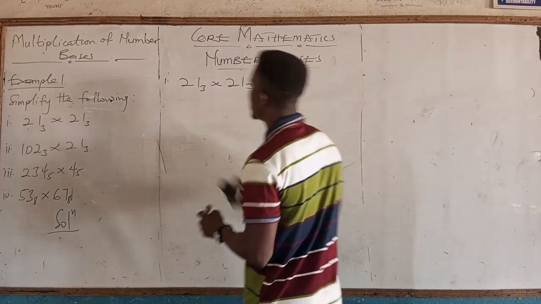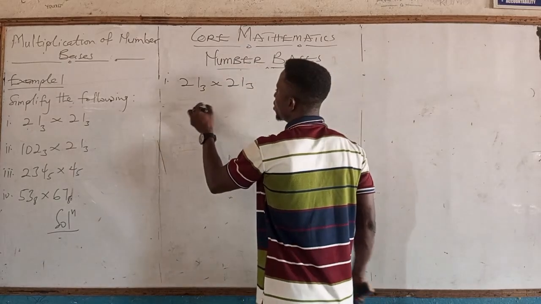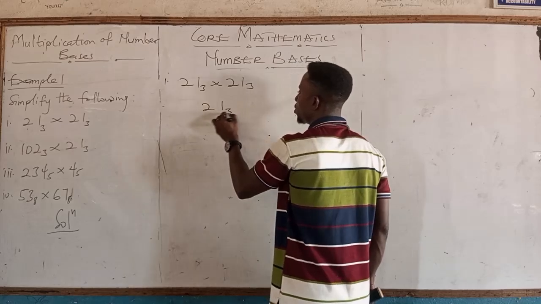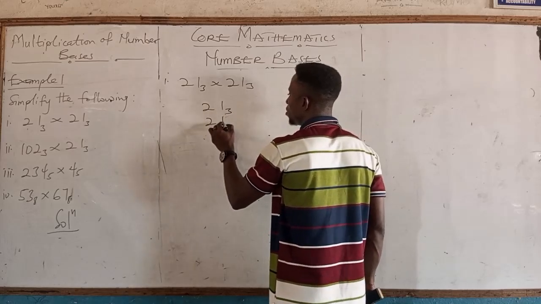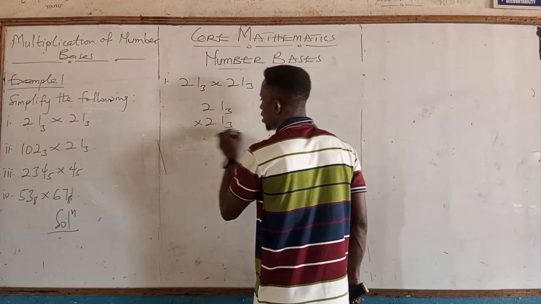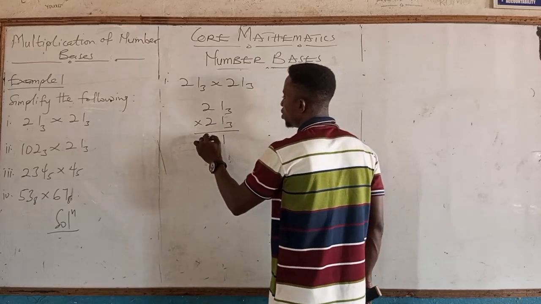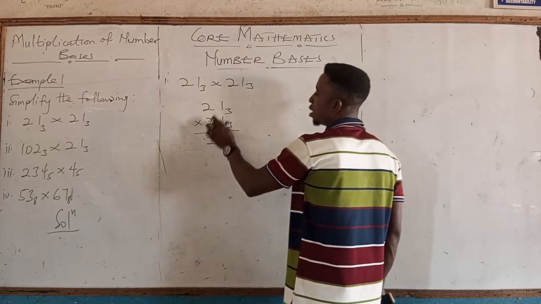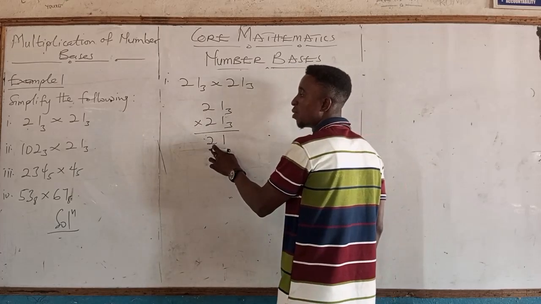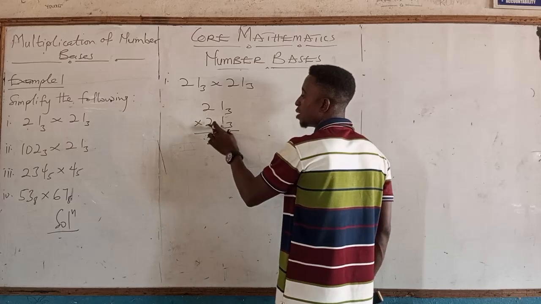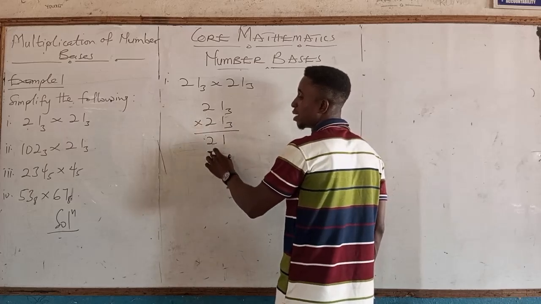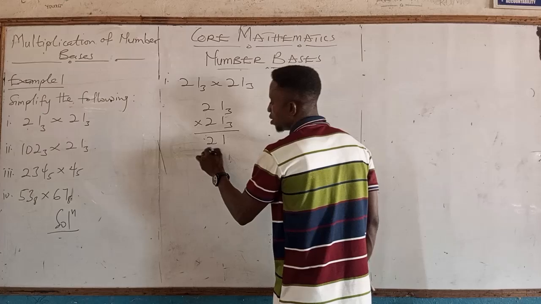Let me do it here. This one is 2 1 base 3 multiplying 2 1 base 3. Multiplying, 1 times 1 is 1, 1 times 2 is 2. Then 2 times 1 comes under the second place: 2.